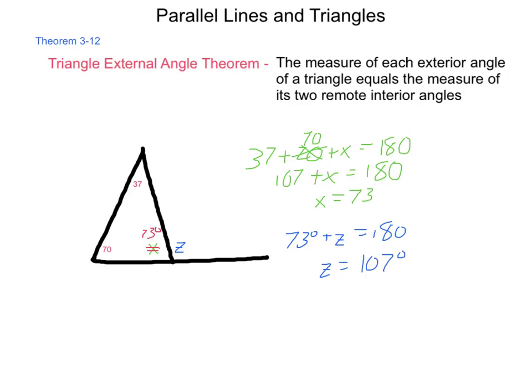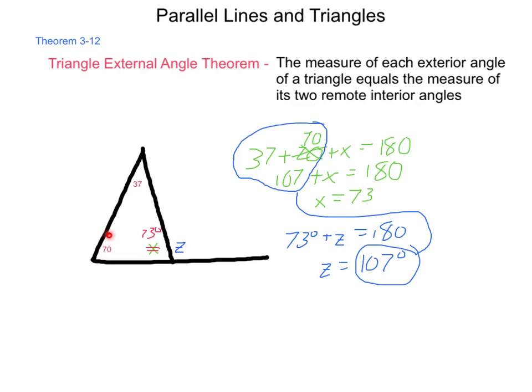And you'll recall that the sum of the interior angles that we knew was also 107 degrees. So on an informal basis, this exterior angle here is equal to the sum of the two remote angles.